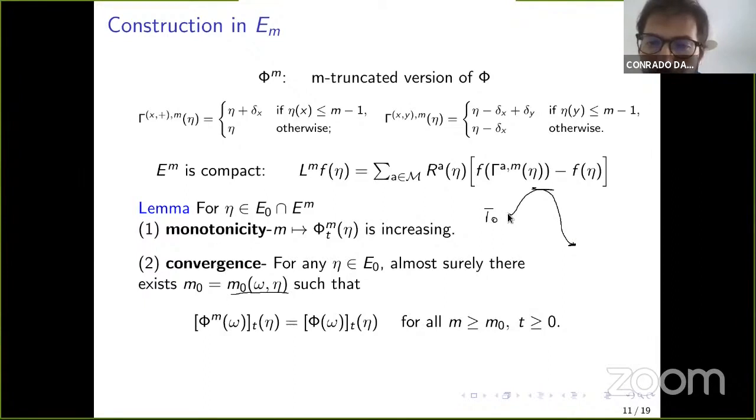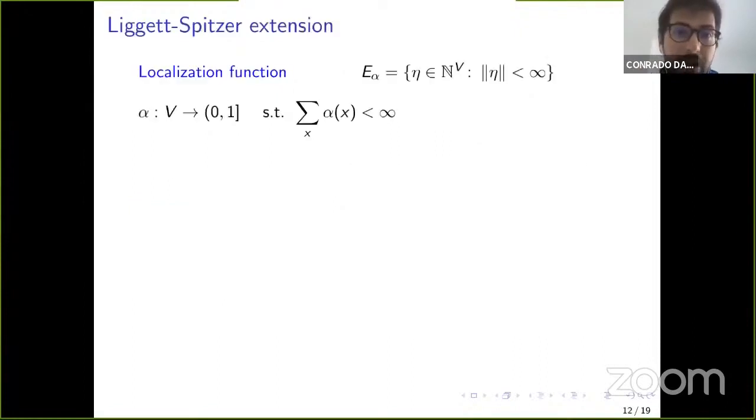It really depends on the omega. Right, this is a random thing. Eventually it gets to 0. But there is a maximum value there. And afterwards, the construction of our truncation is no longer active, so we can be happy with our flow.